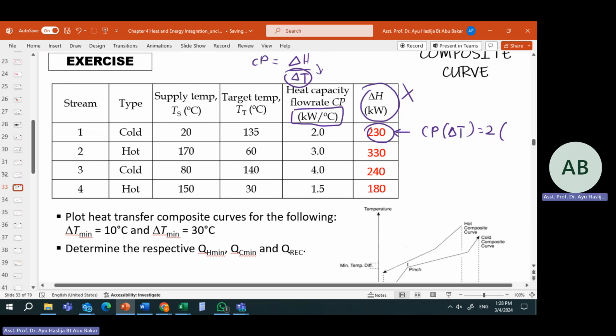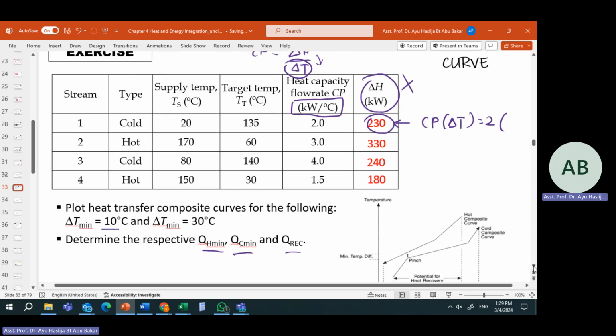Now, this question asks you to plot the heat transfer composite curve for the following T min. Okay, we just do T min 10 degrees C first. And it asks you to determine the respective QH min, QC min, and Q recovery. Okay. Now we go step by step.